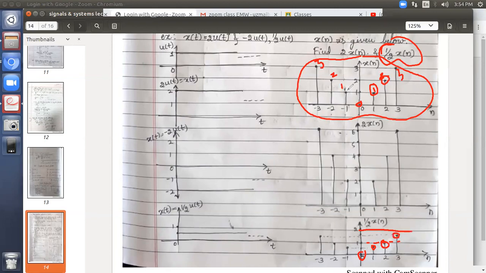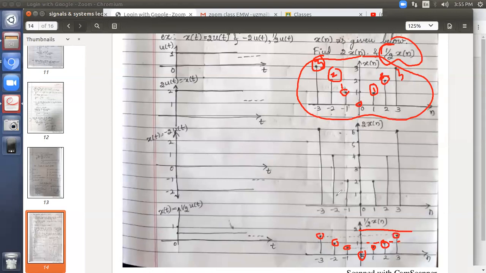Similarly, on the other side, 1 into 0.5 is 0.5. 2 into 0.5 is 1. 3 into 0.5, it is 1.5. So this is how the signal looks in case of discrete when we do amplitude scaling.